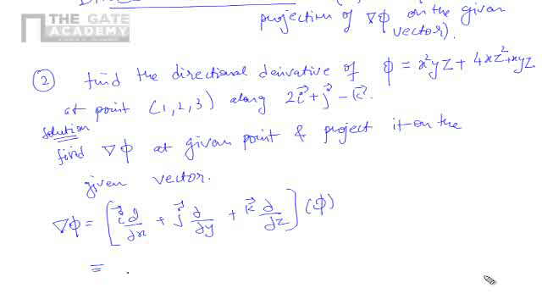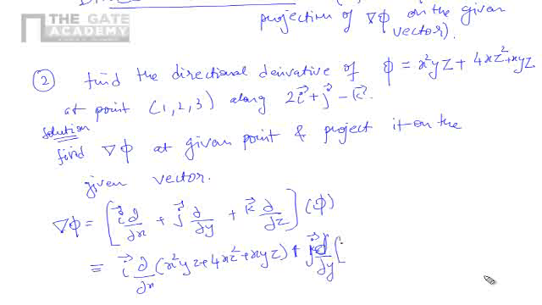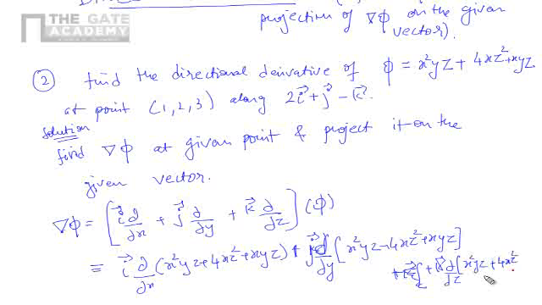Phi is given: I vector dou by dou x of x square yz plus 4xz square plus xyz, plus j vector times dou by dou y of x square yz plus 4xz square plus xyz, plus k vector dou by dou z of x square yz plus 4xz square plus xyz.